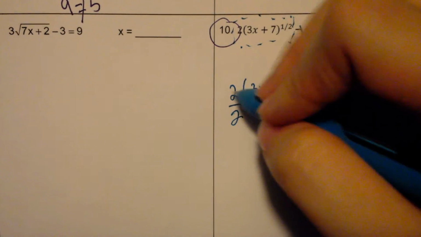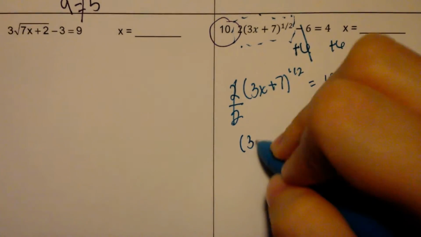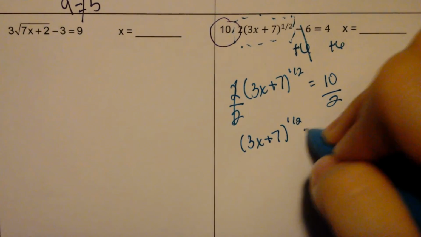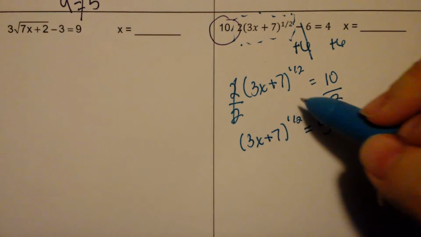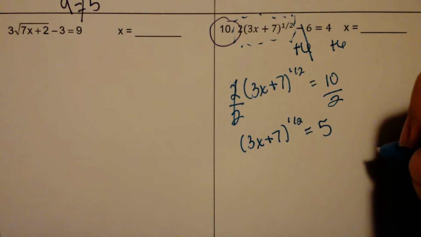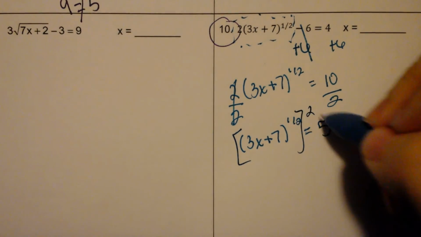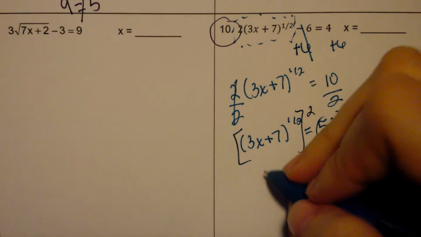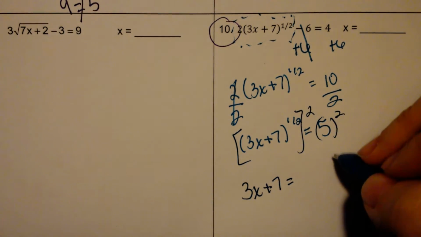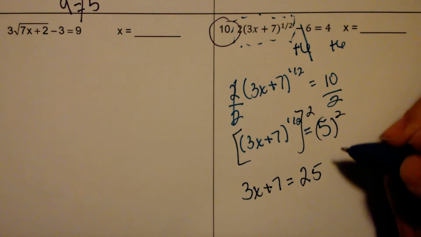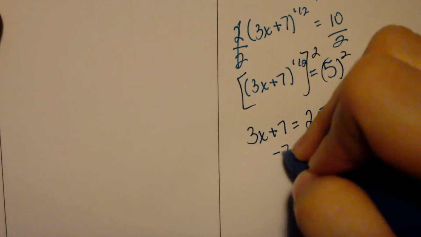But you have to move that out of your way. So that equals 5. So now I have my radical term isolated, my square root. So I can square both sides. Everything inside carries down. Then 5 squared is 25. So now I can subtract 7. Then divide by 3.